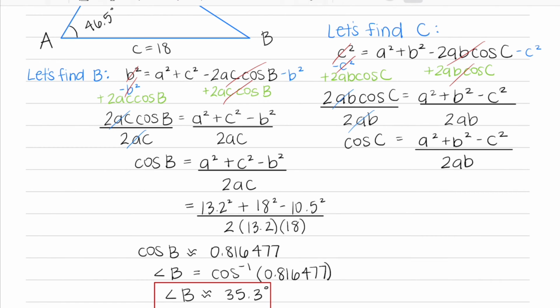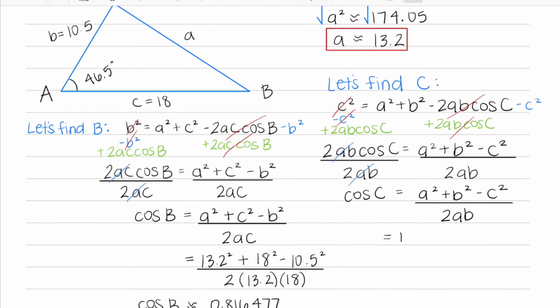Now let's plug everything in. So we have cosine C equals our a, which we found 13.2 squared, plus our b, 10.5 squared, minus our c, 18 squared, over 2 times a, 13.2, times b, 10.5.